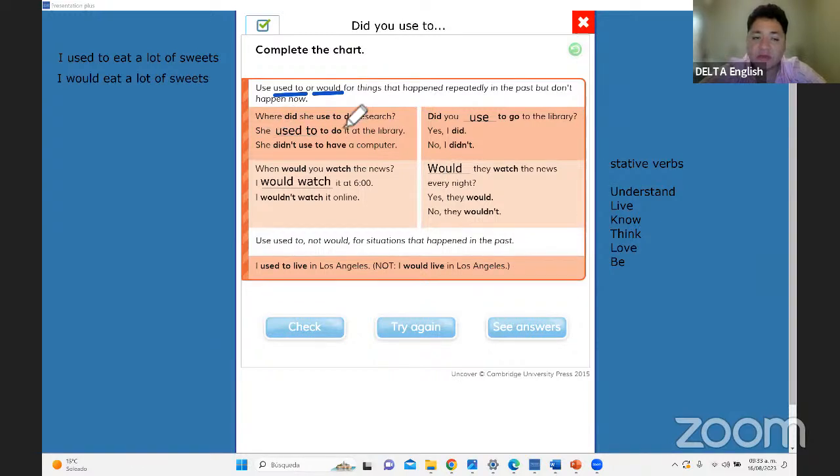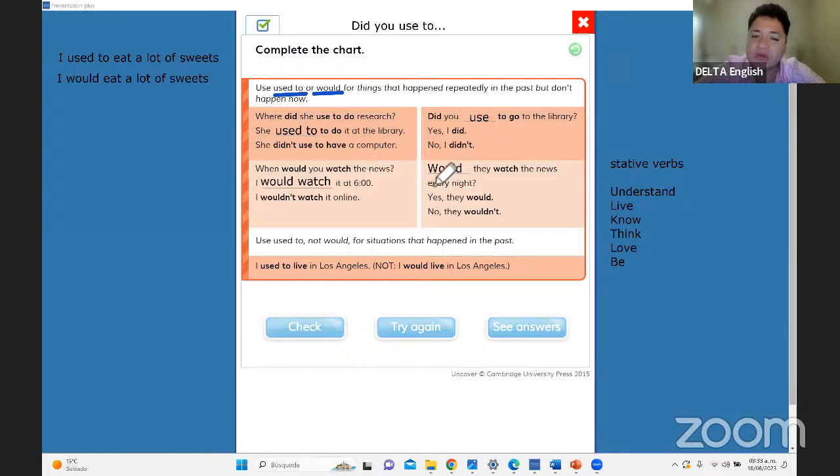Because sometimes if you are writing about your past, or you're writing a biography of someone, or your own biography, you can use used to, but then you need to change, because if you're using used to all the time, it's very monotonous.